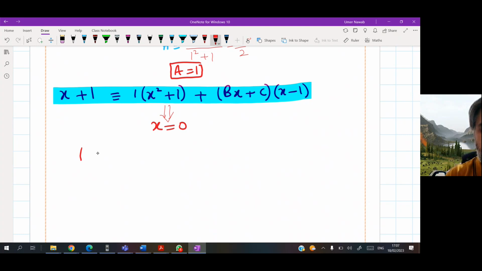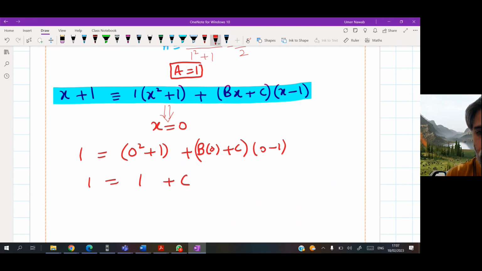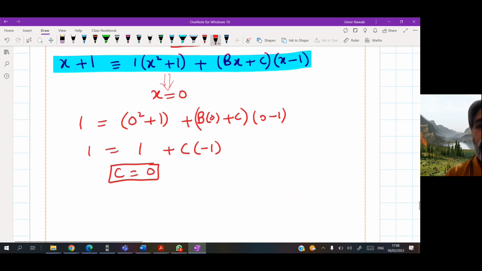Because it is an identity. So it will give you C is equal to 0.